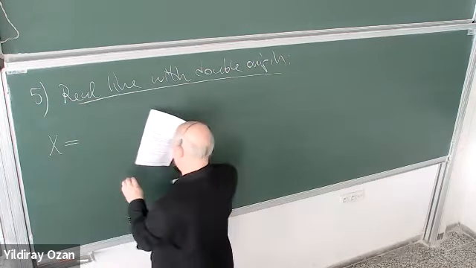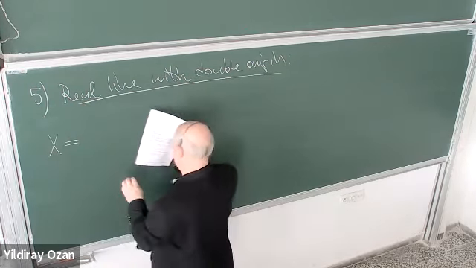It's a quotient set. You take two copies of the real line, R cross -1 and R cross 1, and then you identify the points (x, -1) with (x, 1) for any x in R, provided that x is not 0. So what you do is the following.